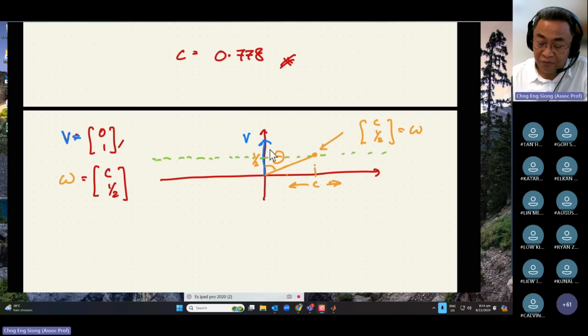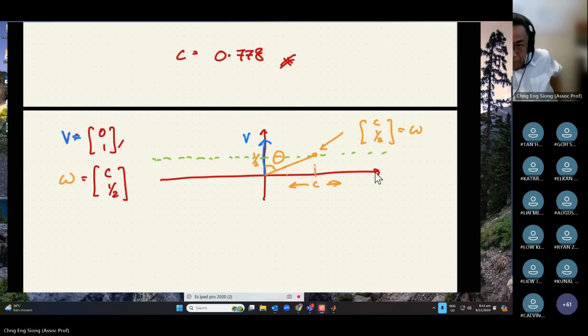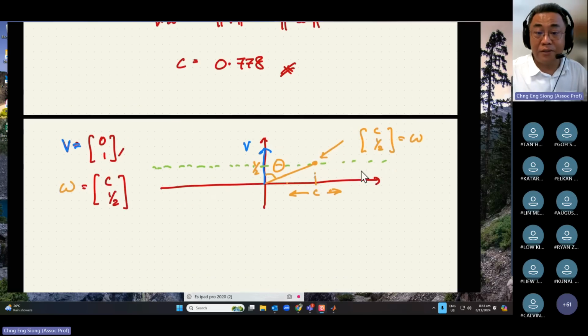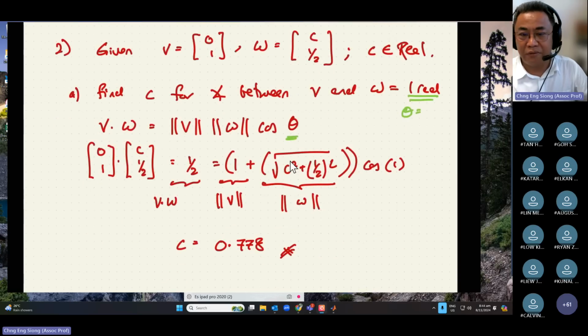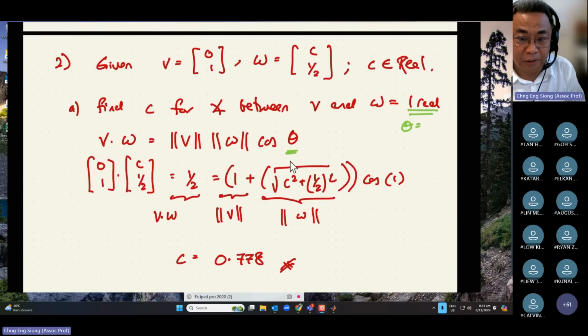Between V and W, not between W and the horizontal axis. Now, if you actually start from this diagram and then do this, you have less of a problem and less of a chance to make a mistake.